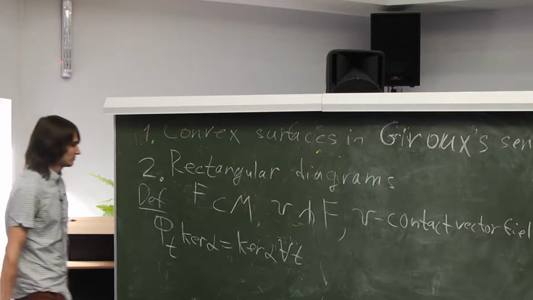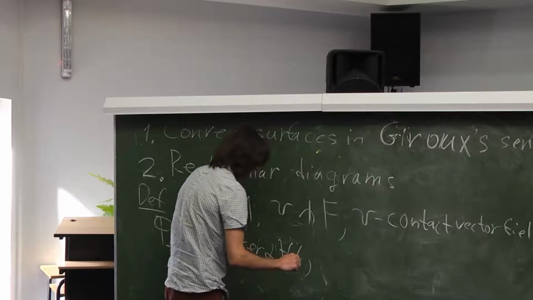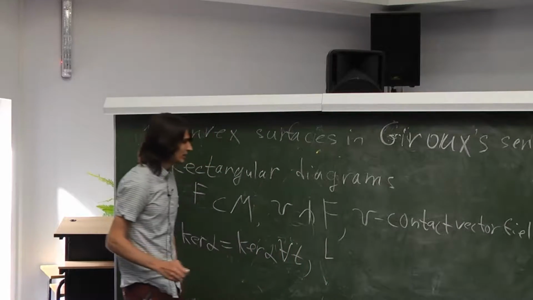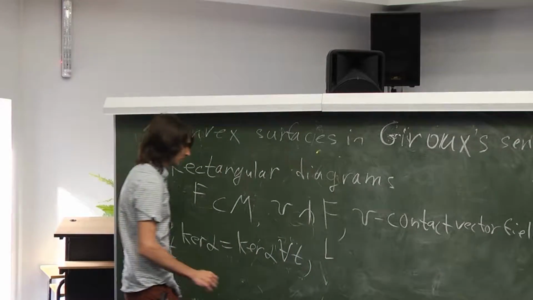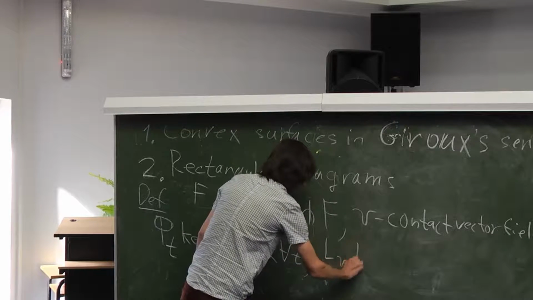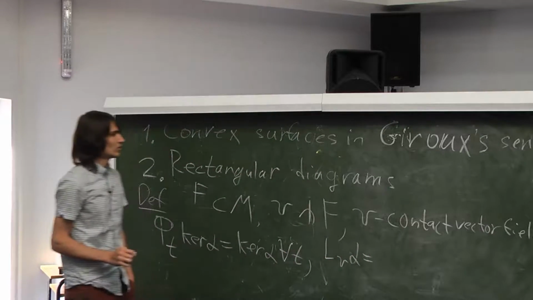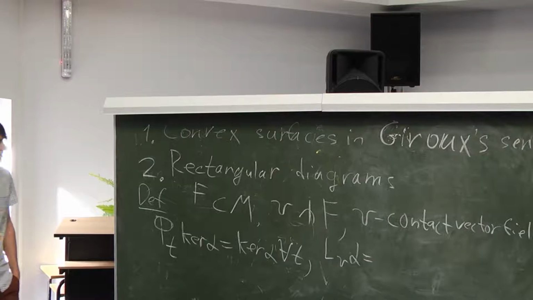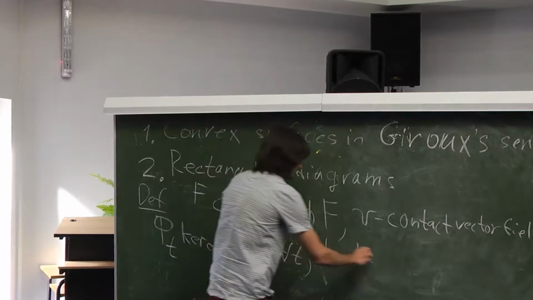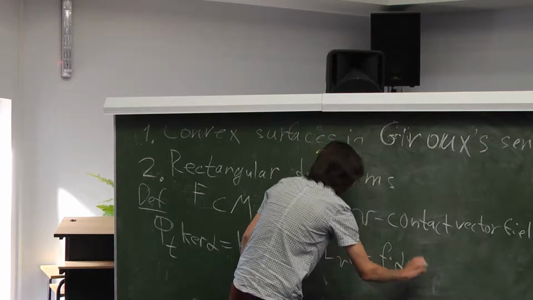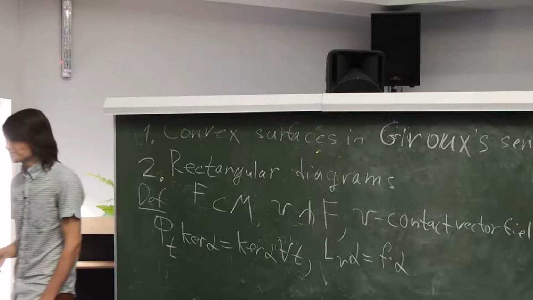Or equivalently, the Lie derivative of the one form alpha is this form multiplied by some function.